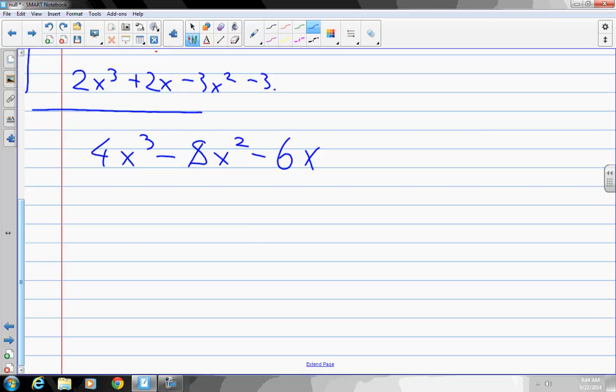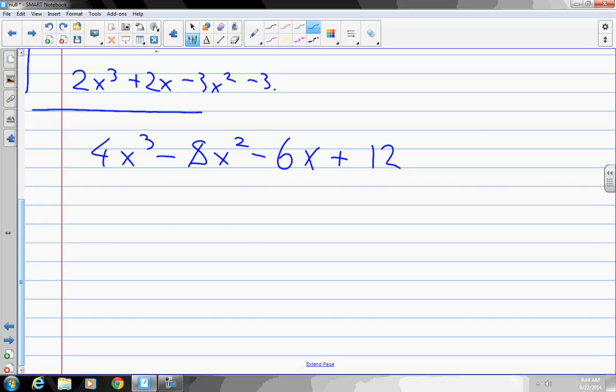I think so. I don't know. I think that should work. Oh, no, that's a bad example. Oh, that's a good example. Let's do this one.